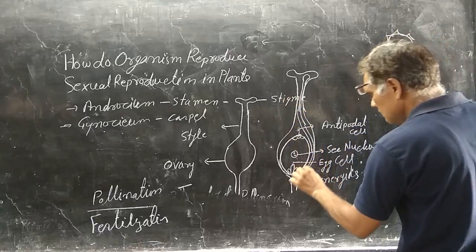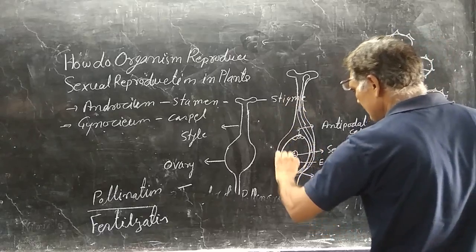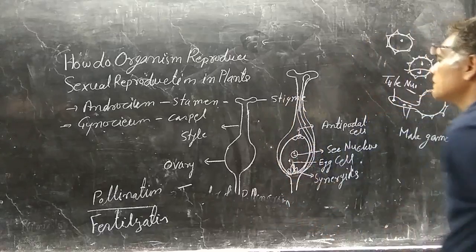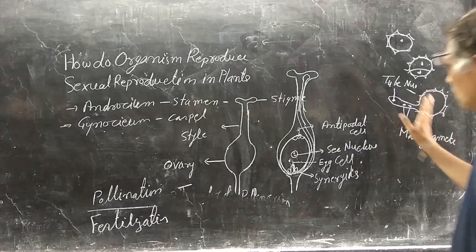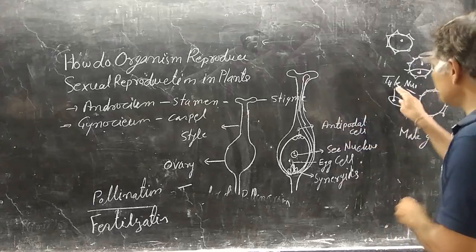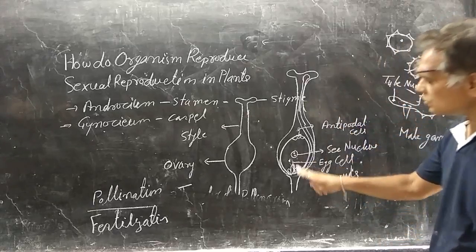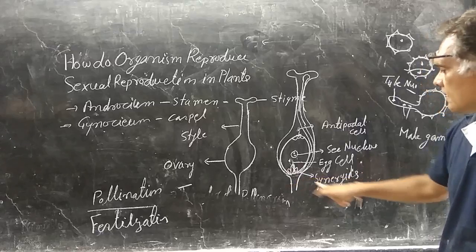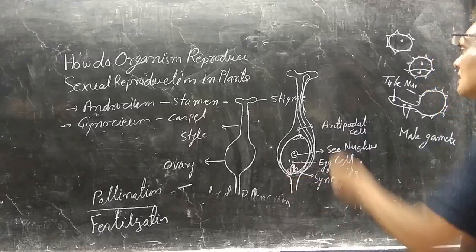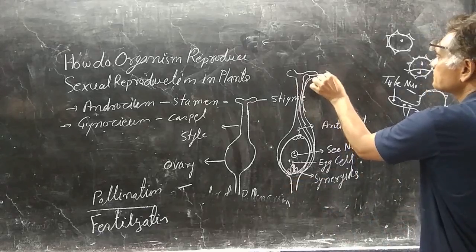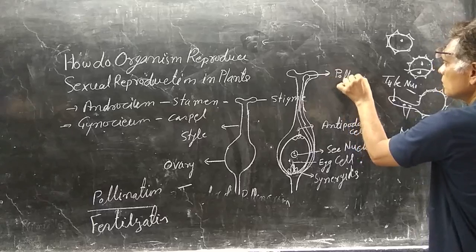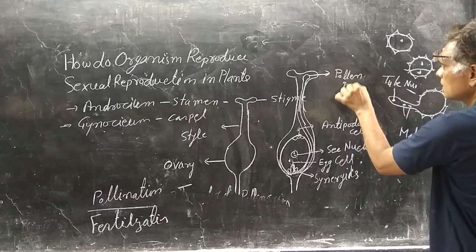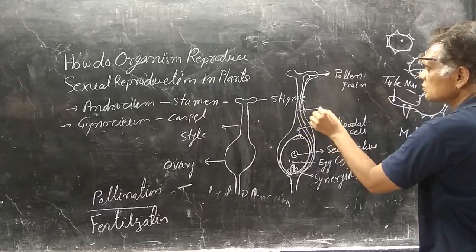The pollen tube goes straight towards the egg cell here. And this pollen tube always enters inside the ovule through the synergid cells or egg cell. This is a pollen grain, and this one is a pollen tube.